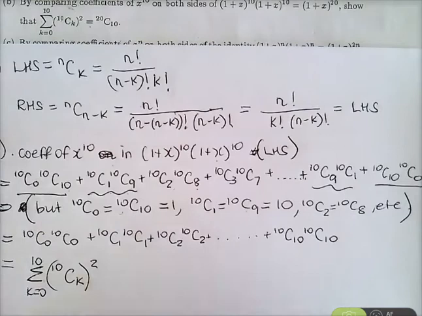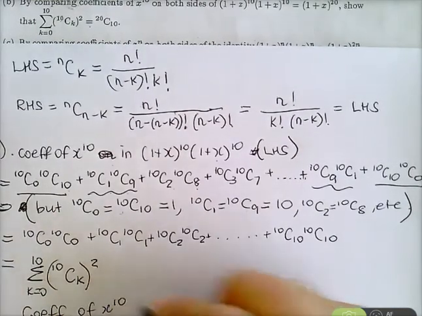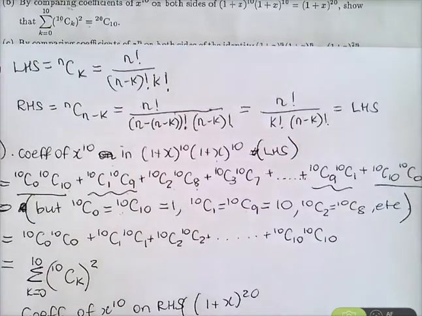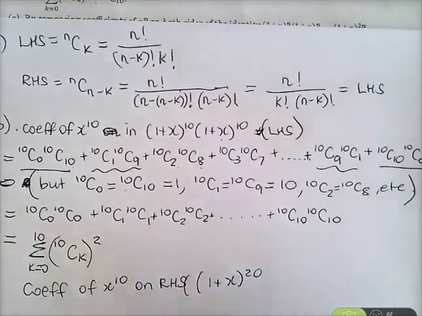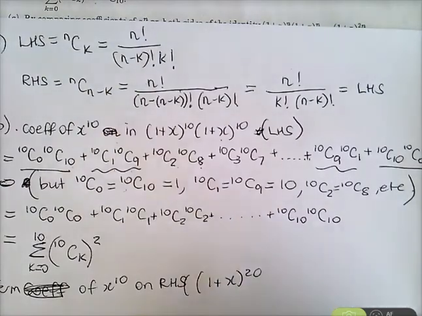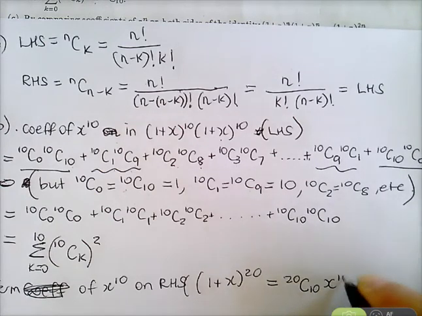Now we need to do the coefficient of x to the 10 on the right-hand side, which happens to be (1 plus x) to the 20. I'm not writing that all out. What's the term in x to the 10? It's 20C10 x to the 10.